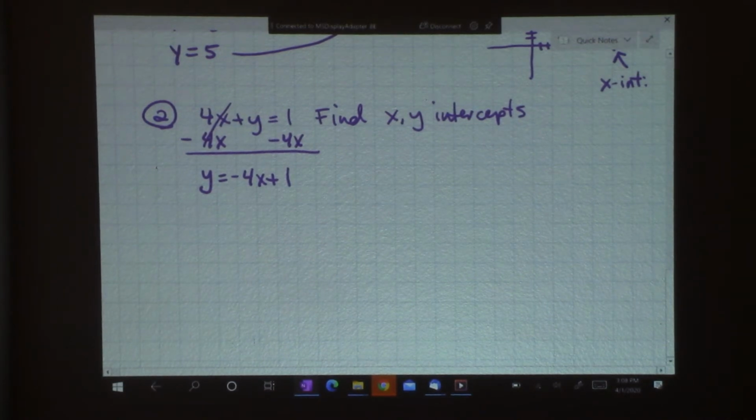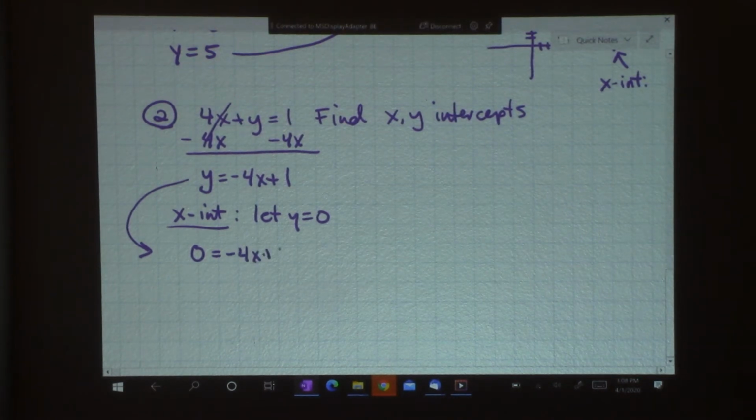So let's find our x-intercept. And this is where we let y equal 0. So I'm going to take this and I'm going to put 0 in for y. See that? No longer a y there. I have 0 there now. Negative 4x plus 1.